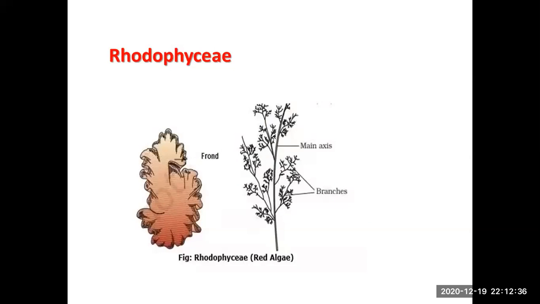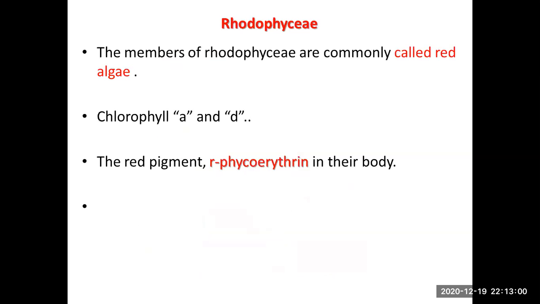Next class, Rhodophyceae. Rhodophyceae is red algae. The best examples for red algae are Polysiphonia and Porphyra. Red algae consist of chlorophyll A, chlorophyll D, and red pigment phycoerythrin.